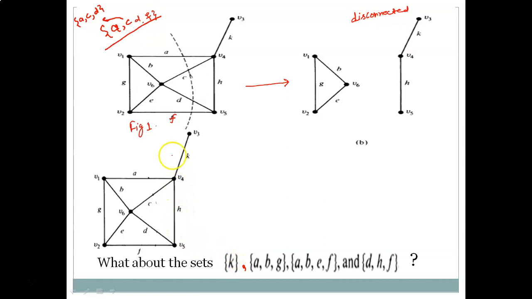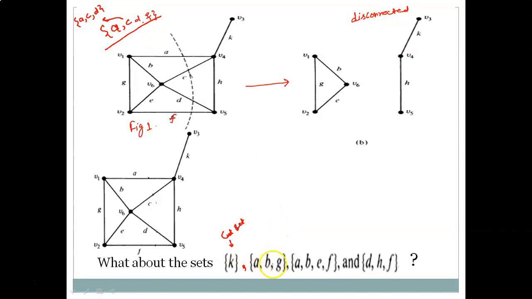Yes, it will form a cut set. How? This is the edge K, from V3 to V4. If I remove this edge, what will happen? We will be left with this part, and the edge will not be there, V3 is there. So in that situation, it becomes a disconnected graph. So therefore, the singleton set forms a cut set.